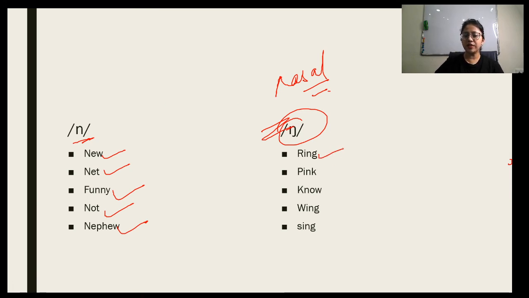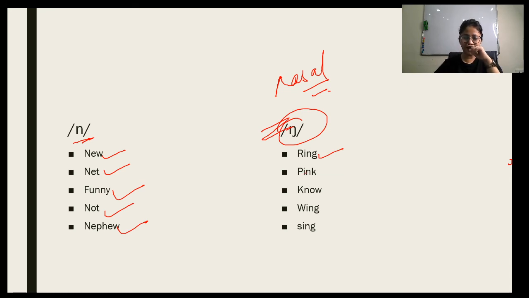Now you've got ring. Now you can see it's not as simple as ring. If I do N as a plain sound and I say ring, it'll sound completely different. So I would have to follow the nasal sound, so it comes out ring.